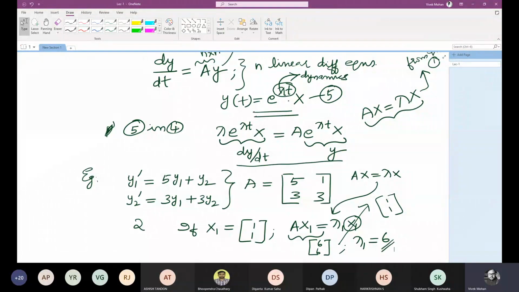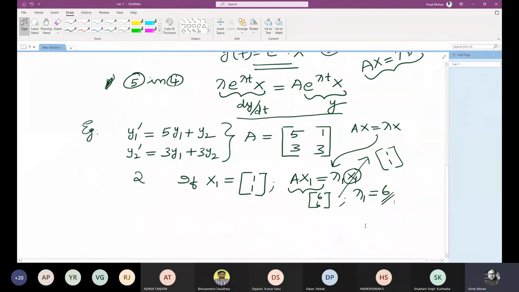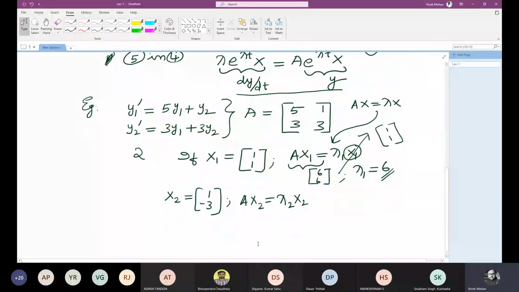Now we are going to find lambda 2 because you know that there is one more eigenvalue for this particular matrix. So let x2 be equal to 1, minus 3. Now our equation becomes Ax2 equals lambda 2 x2, right? What is Ax2 in this case?